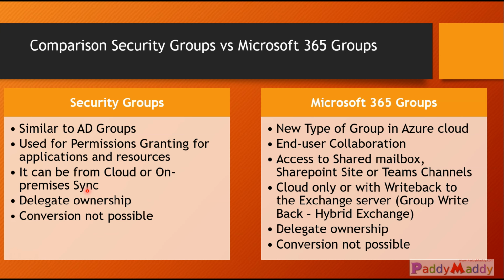If it is cloud originated, then you would be managing in a cloud. But you have an option to create it in an on-premises Active Directory or in a cloud. And you have a permission even for delegating the ownership so that your owners can manage the security groups. You need not manage them.